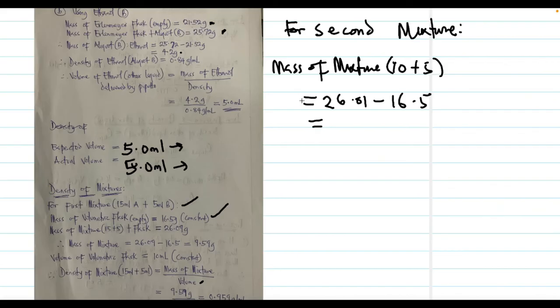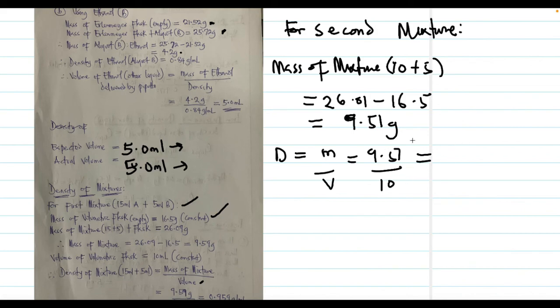So that becomes 9.51 grams. The density is mass over volume, so 9.51 divided by 10 mil, because of the flask, gives us 0.951 gram per mil.